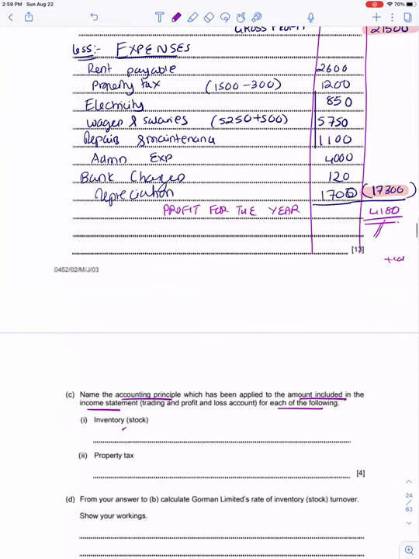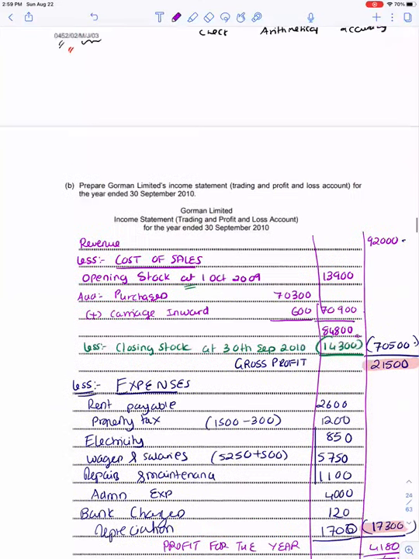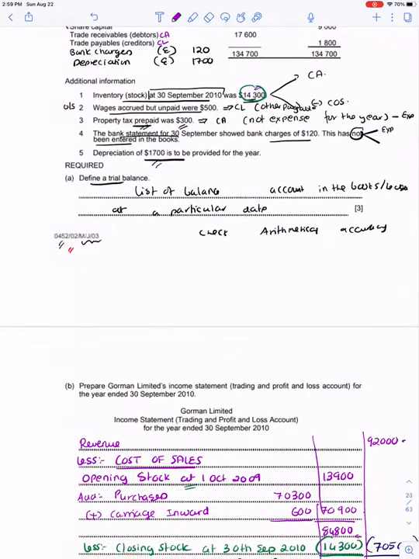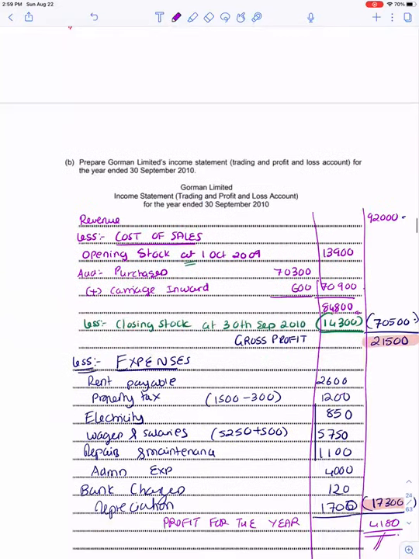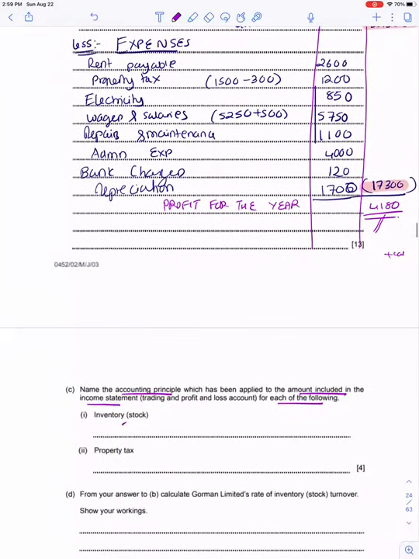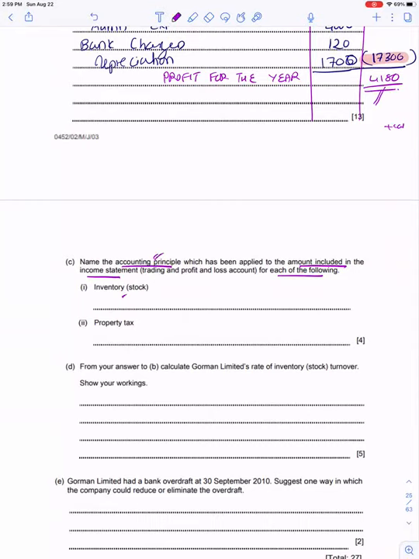Now, if I see my closing stock, 14,300, it is always valued at lower of cost and net realizable value. So the accounting principle to value stock is prudence.